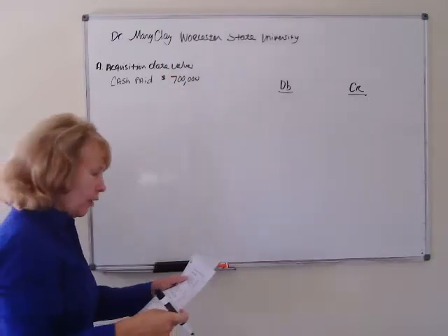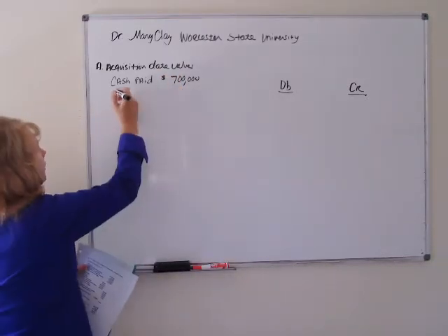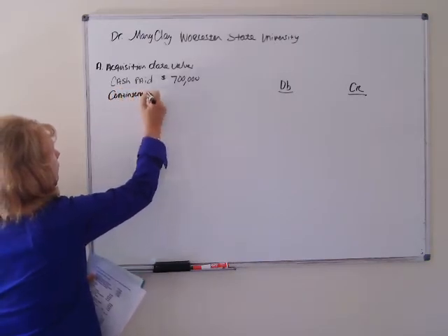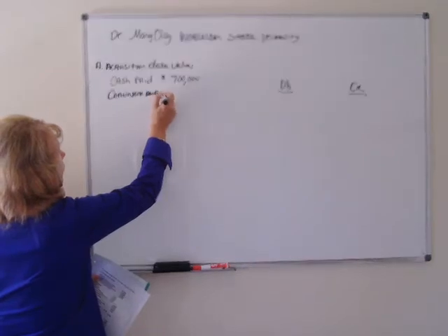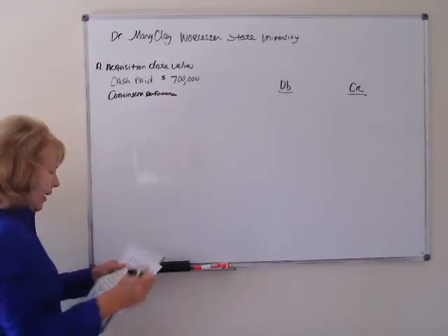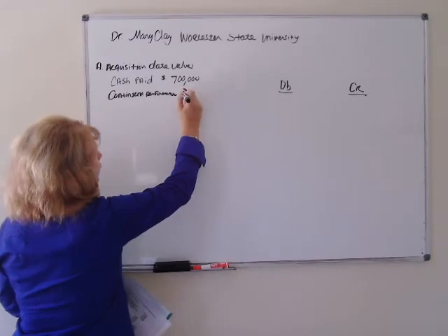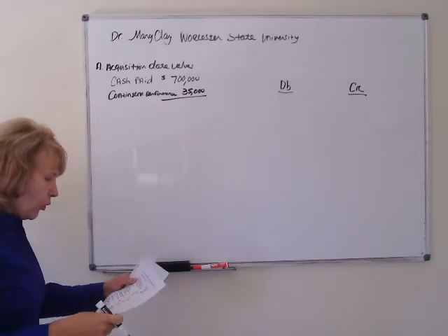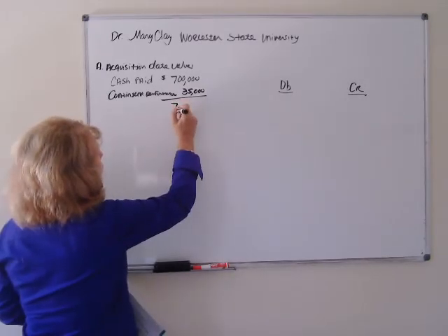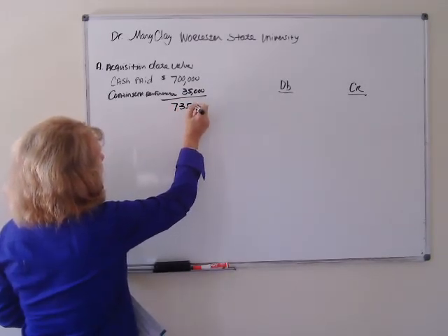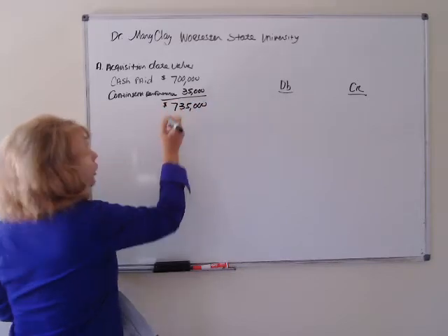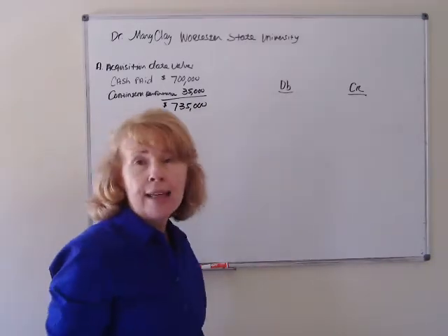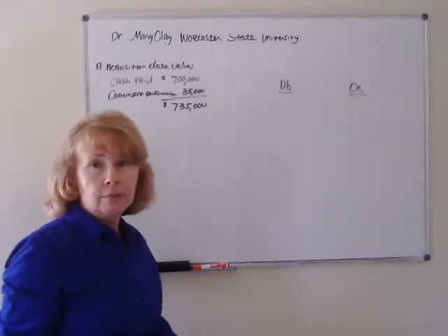However, I already told you we're going to have a contingent performance liability, and we won't make it for 70,000. We will make the adjustment for the present value, which is 35,000. You will total those two together, and that gives you 735,000. So when you figure out the goodwill, use the 735,000, not the 700. Okay?